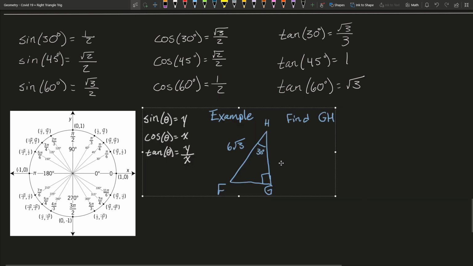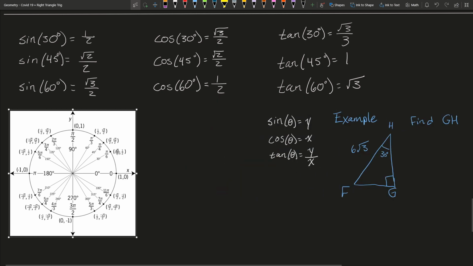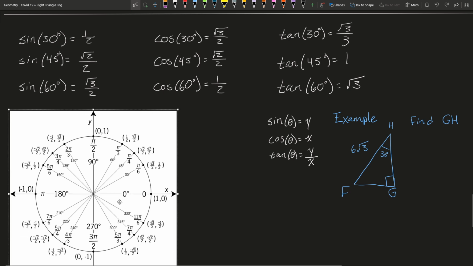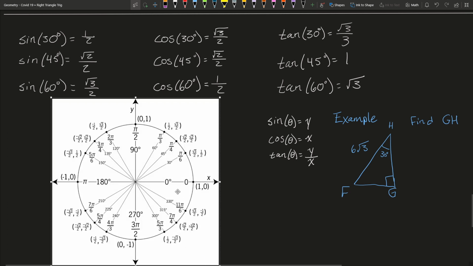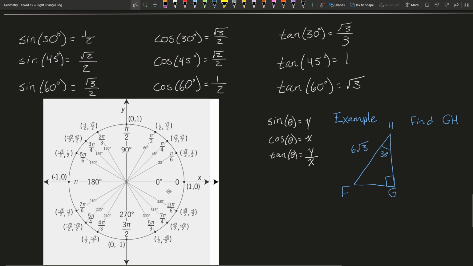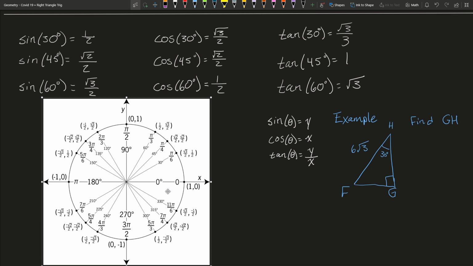I'm going to make this just a little bit bigger. There are two different types of trig. There's the trig that we're learning right now, which is solely based off the right triangle. But where it actually comes from is this unit circle.